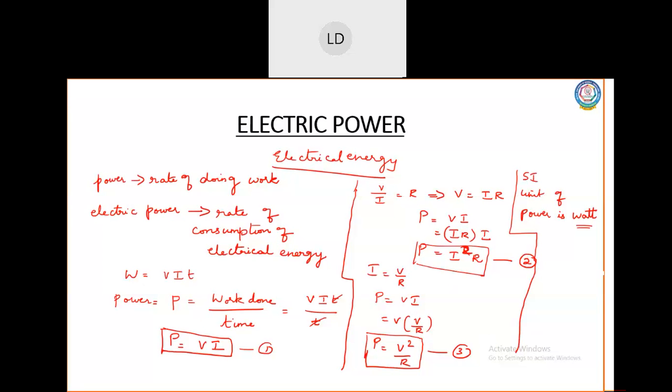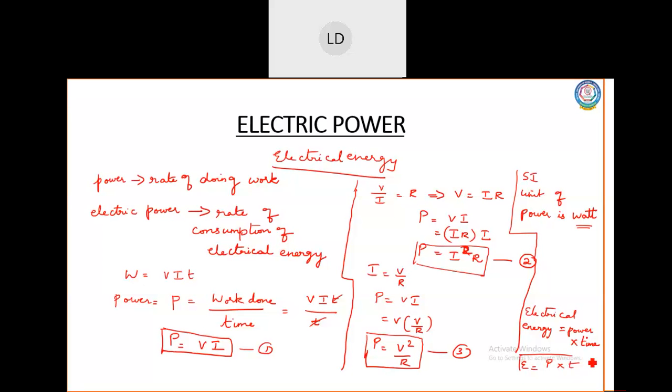So the electrical energy is nothing but the product of power and time. Okay, so E is equal to P into time.